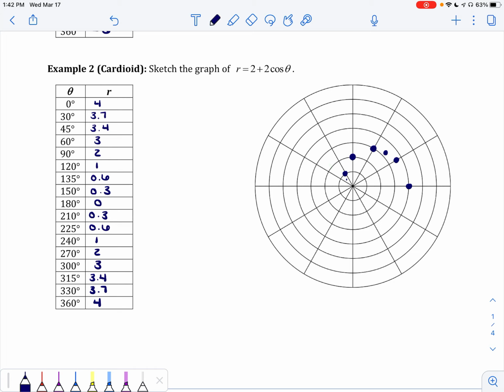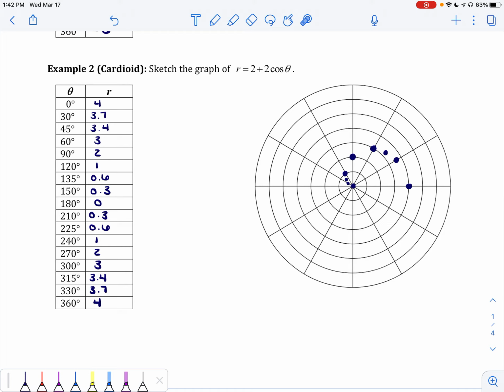This is going to start getting kind of tight in here. All right, 150-degree line, we have a radius of 0.3. Right there. And then 180-degree line, we have a radius of 0, which would put us right at the origin.